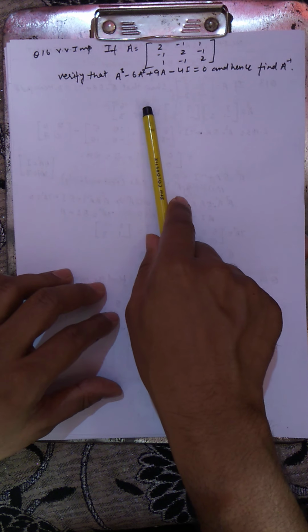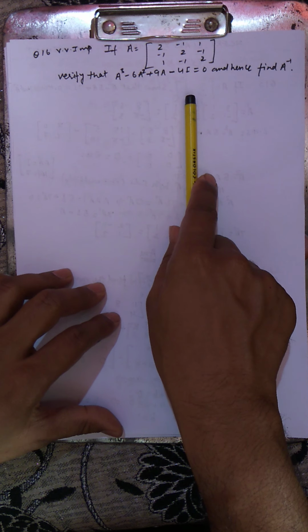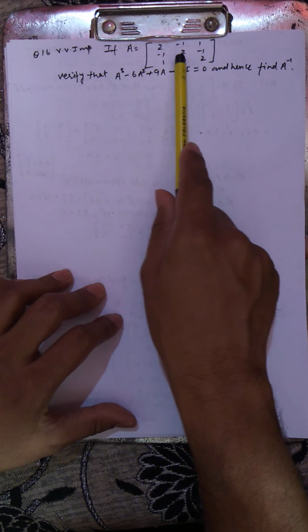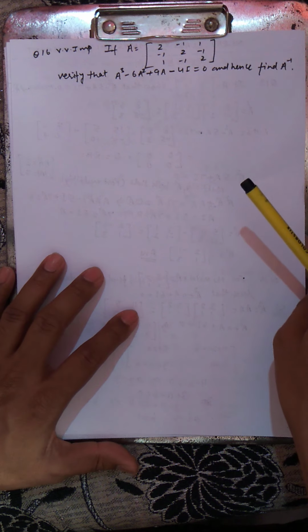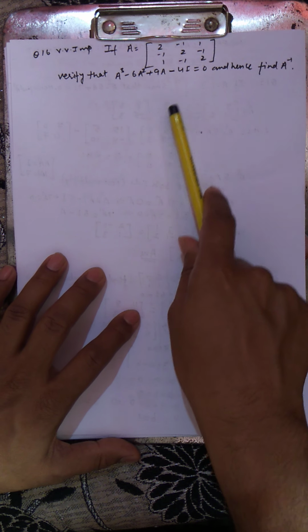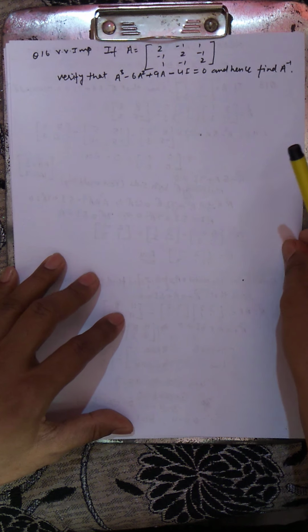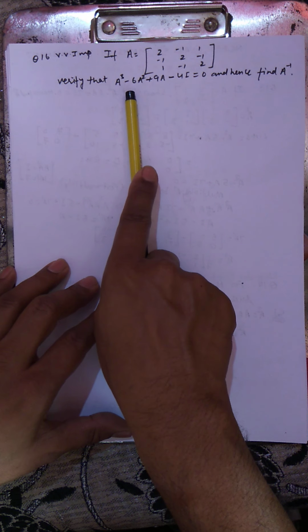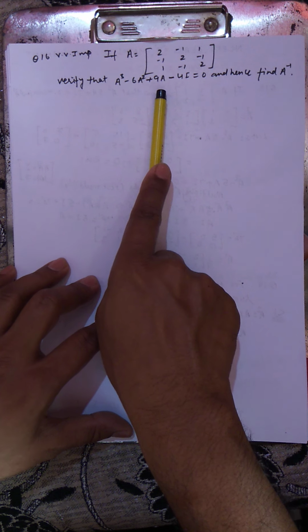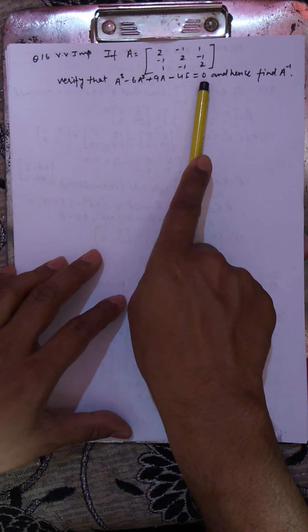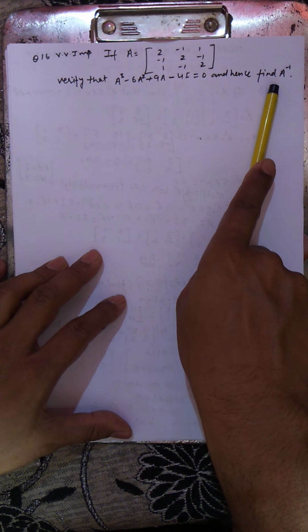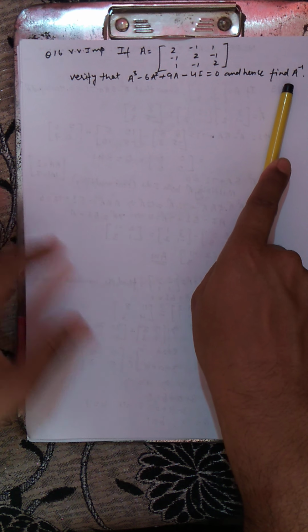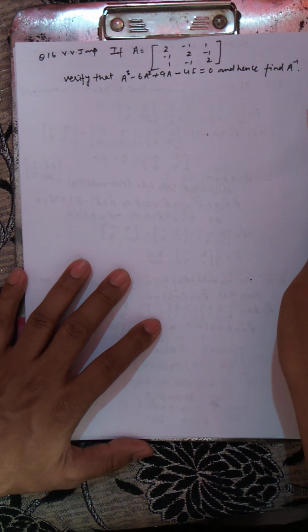So I am doing one, you will be doing the rest 2. So A is this: 2 minus 1 1, minus 1 2 minus 1, 1 minus 1 2, and first we have to verify that A cube minus 6A square plus 9A minus 4I equal to 0, and hence we have to find A inverse.